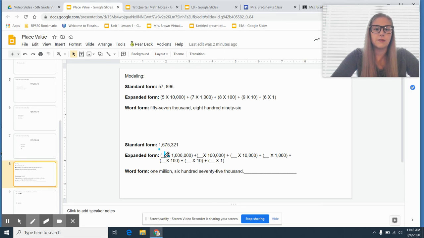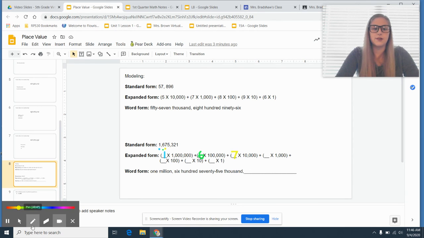So I would put a 1 there. 1 times 1 million. Plus, what number is in the 100,000s place? I have a 6. So 6 times 100,000. Then I need to figure out what's in the 10,000s place. Well, I have a 7. So 7 times 10,000. I would like you to go ahead and try to solve these on your own.